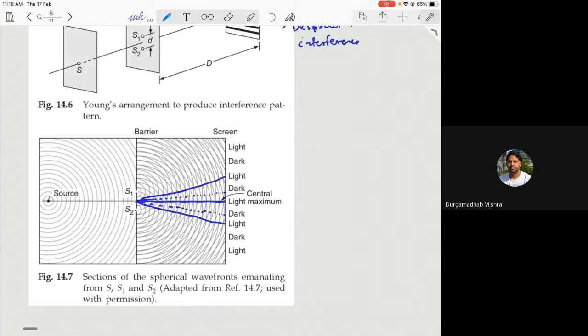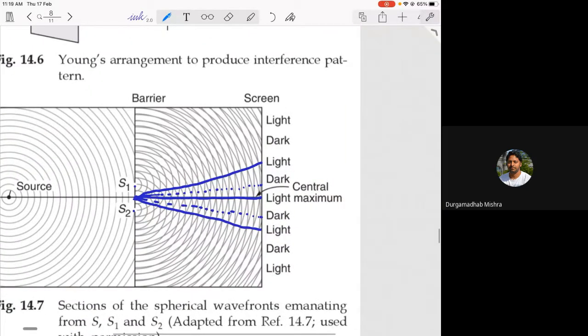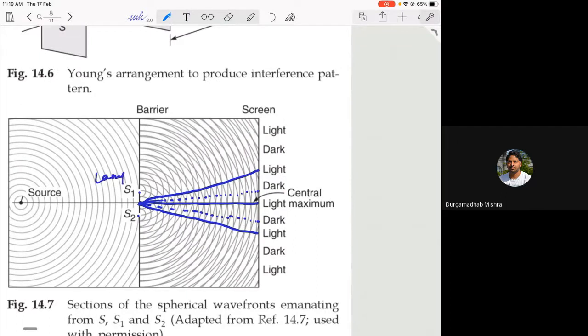So let's say I take two different sources here, S1 and S2. Instead of taking the same wave, I put one lamp here at S1 and a second lamp here at S2. Will I observe an interference pattern?